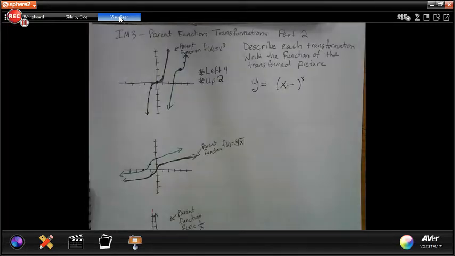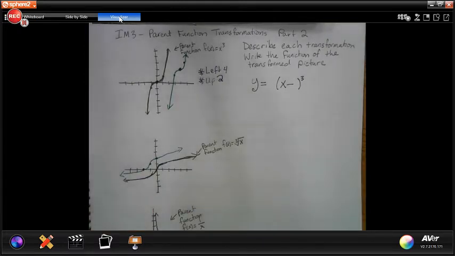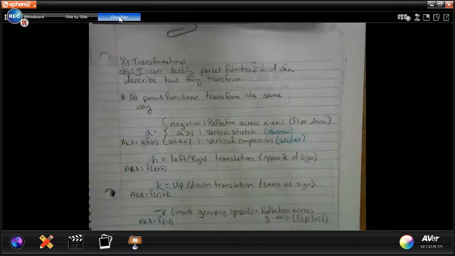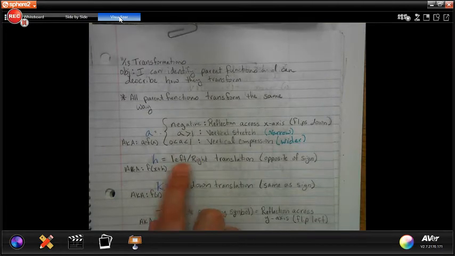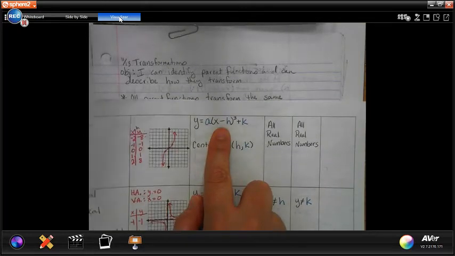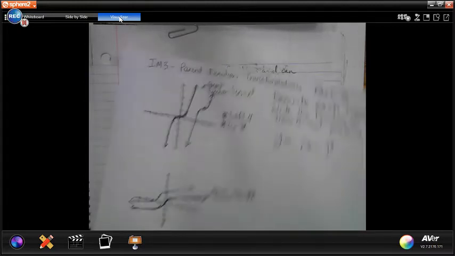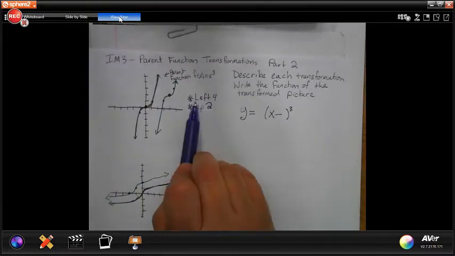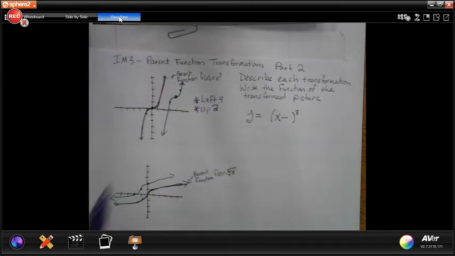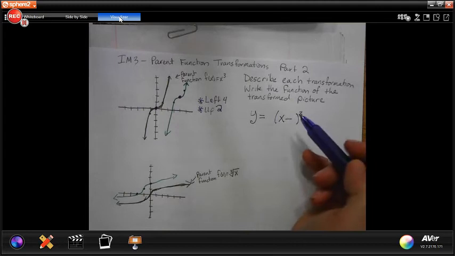Since we have left 4, remember left to right is your H. H goes in the parentheses with x. Left to right, but it's opposite of the sign. Since this says left 4, well, left is in the negative direction on the grid.